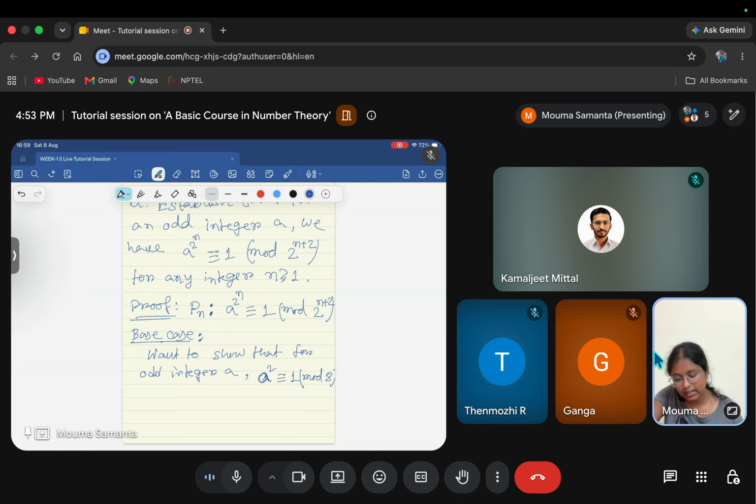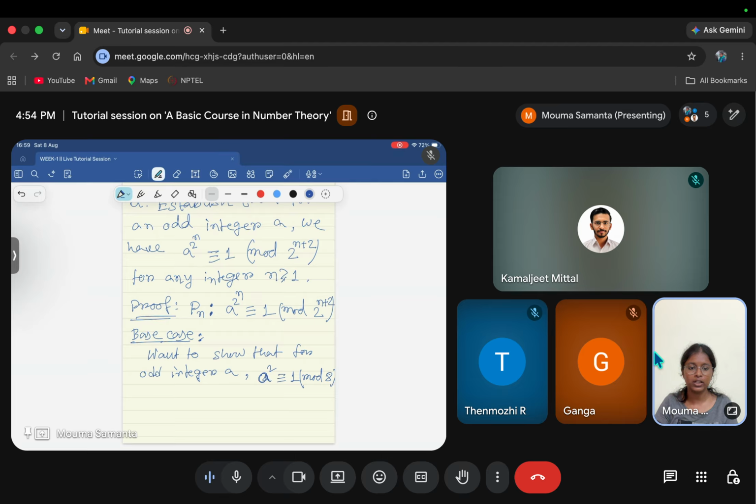It is asking that for any odd integer a, when a^2 is divided by 8, it will give the remainder 1.